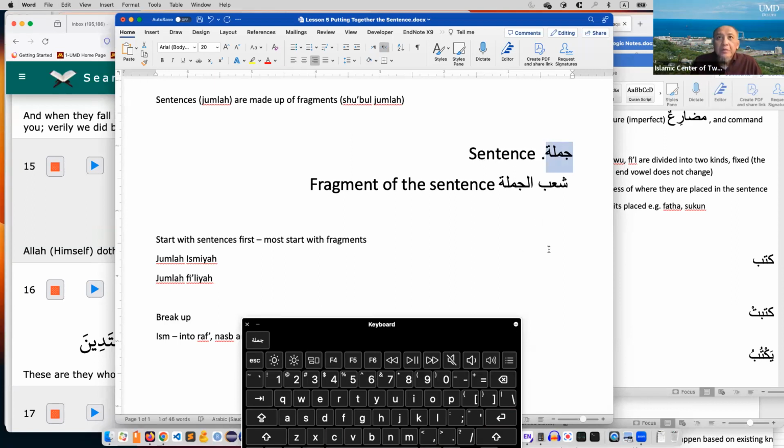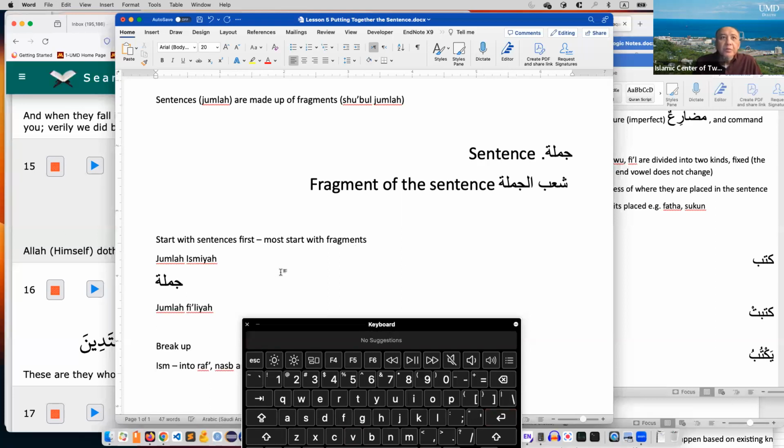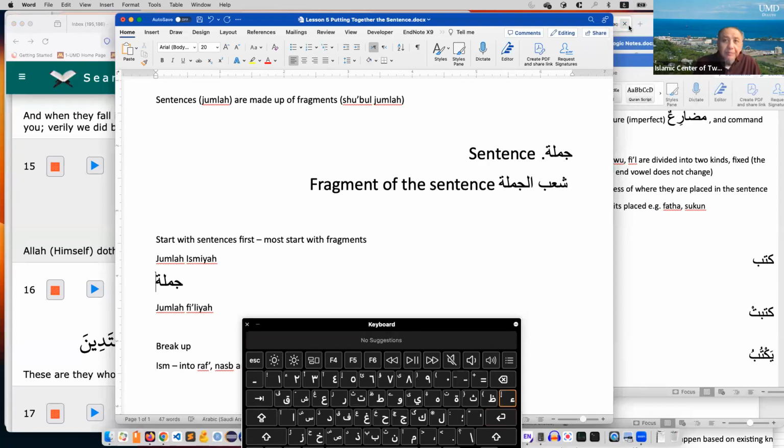So I'm going to copy that here. Jumlatun, sentence. What kind of sentence? Ismiyatun. So I'm going to add my Arabic here. Alif lam, al-ismiyatun.